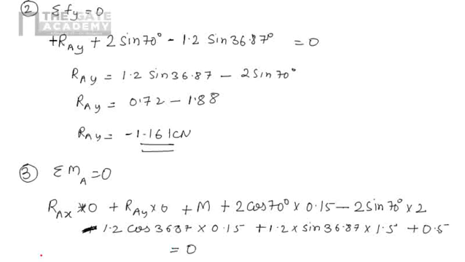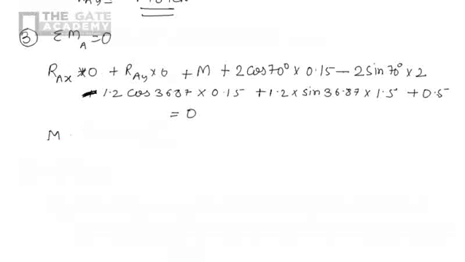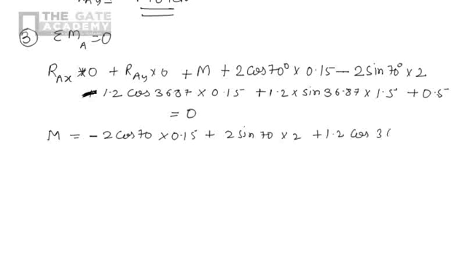If we rearrange, M equals minus 2 cos 70 into 0.15 plus 2 sine 70 into 2 plus 1.2 cos 36.87 into 0.15 minus 1.2 into sine 36.87 into 1.5 minus 0.5. By this way we can easily calculate the value of M.